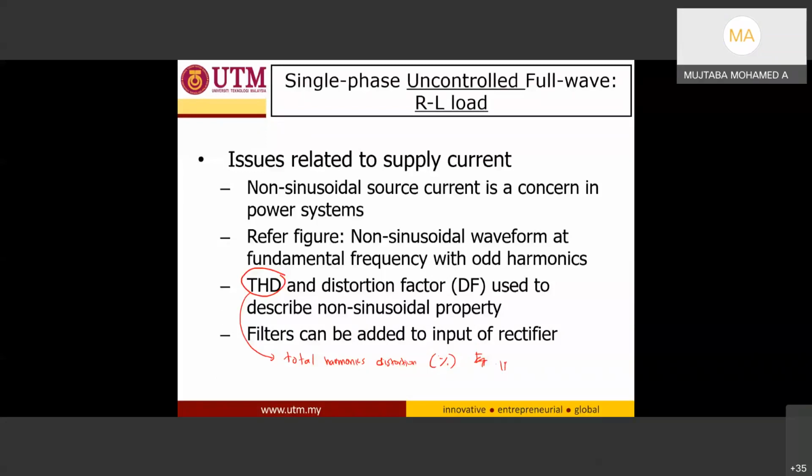The total harmonic distortion for the current should be less than 5%. For example, at the input side we can put a power filter. This will be covered in your syllabus. The power electronics area is very big, so in this syllabus we only cover the fundamental part.